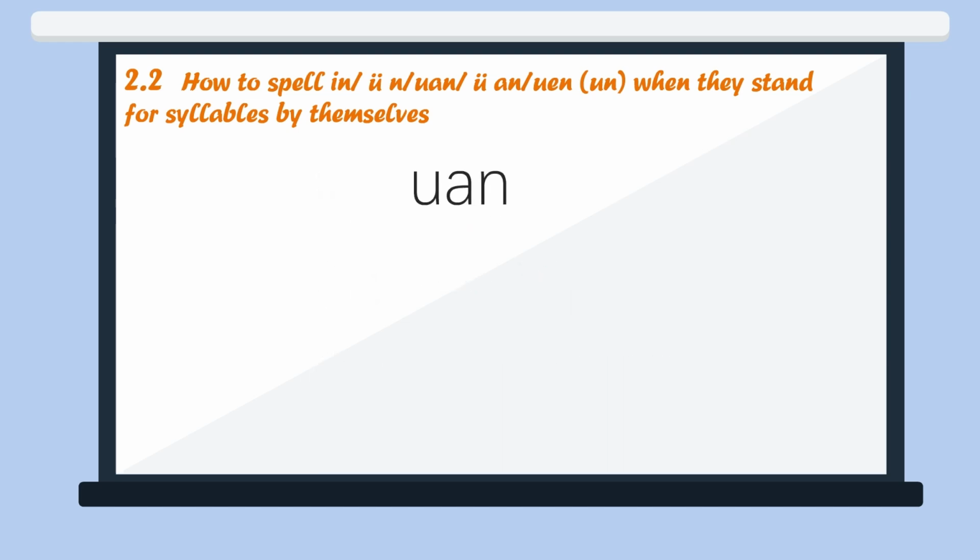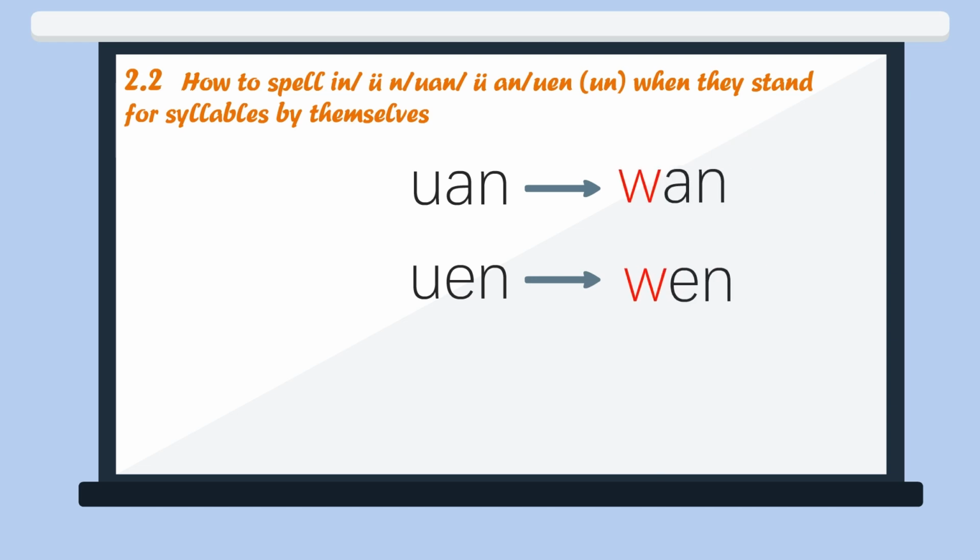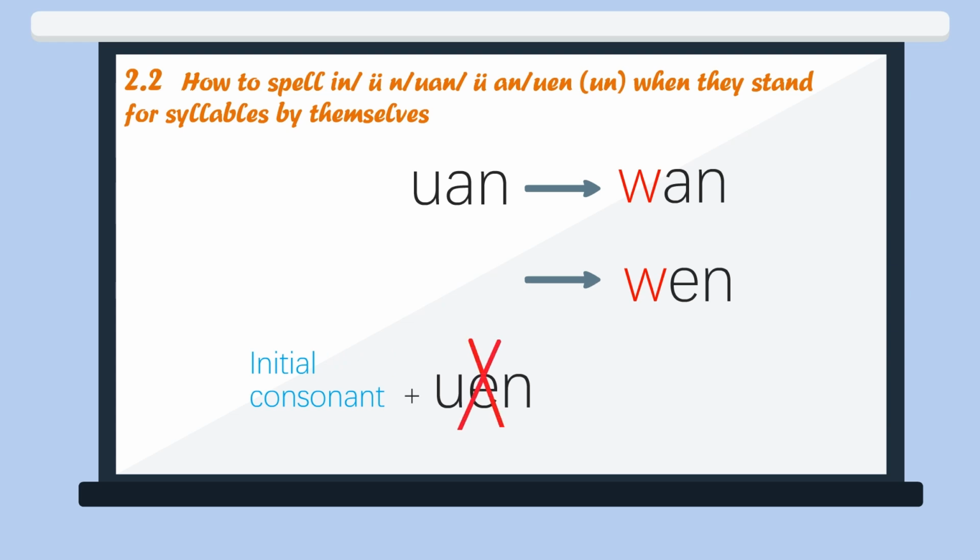When uan and uen are syllables by themselves, we will change u into w. So uan is written as wan, uen is written as wen. When uen goes with an initial consonant, it's written as un.